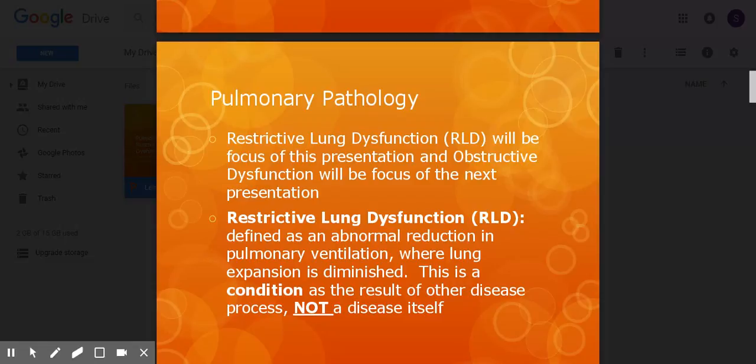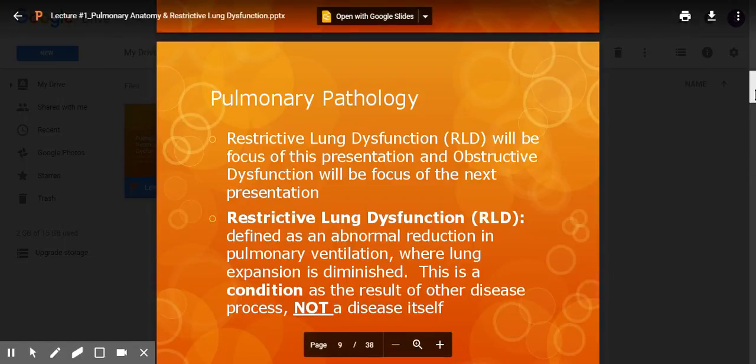It is not considered a disease itself. This is an important distinction. We're going to go through a whole laundry list of pathologies that then result in restrictive lung dysfunction. So you need to think of this as the result of many other disease states, some that you probably could think of, and some that you'll be surprised at as we go through this lecture.